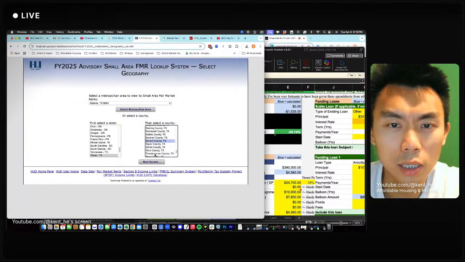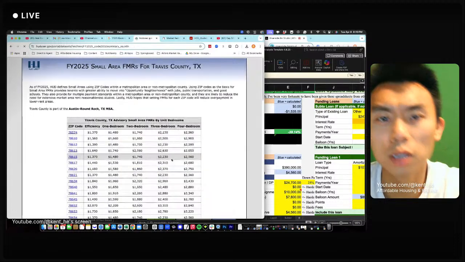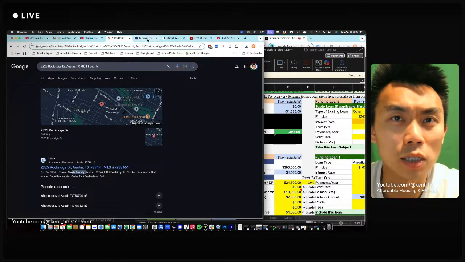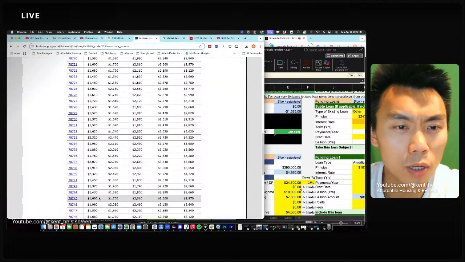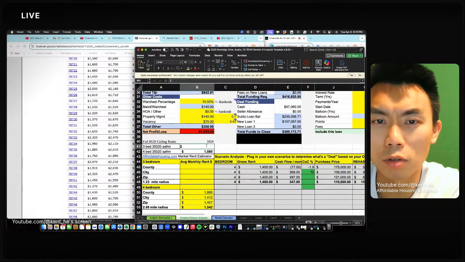And now I want to see. Oh, it's not considered a small area. Travis County. I'm going to look up by bedroom count, by zip code. This property is 78744, a 3-bedroom property. So I can see right here that my rent ceiling is 2290.